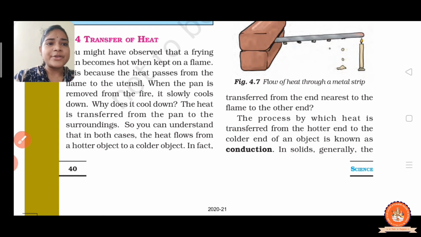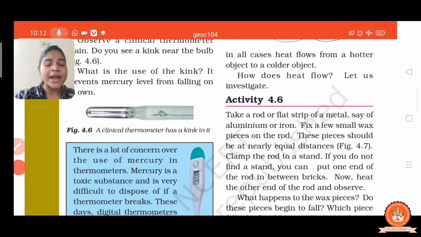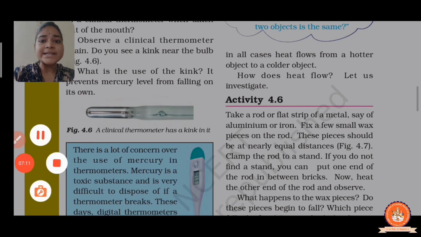Right? Now one activity is given to you. Activity 4, how heat transfers in a solid object. Let us see how heat transfers in a solid object. So students, I will show you one video related to activity 4.6.